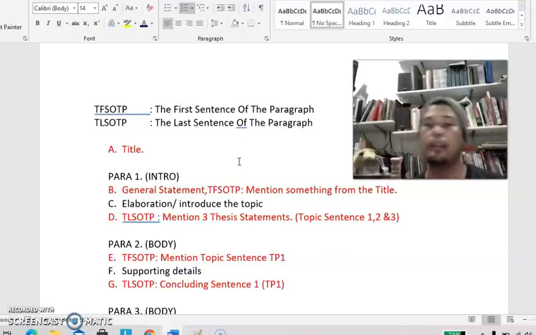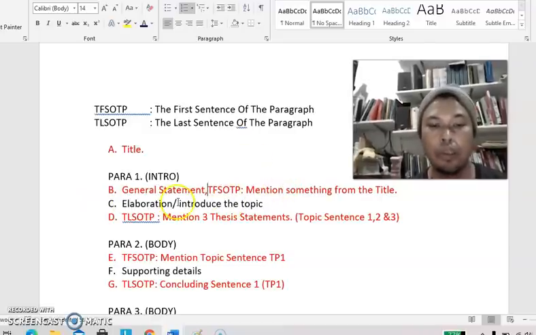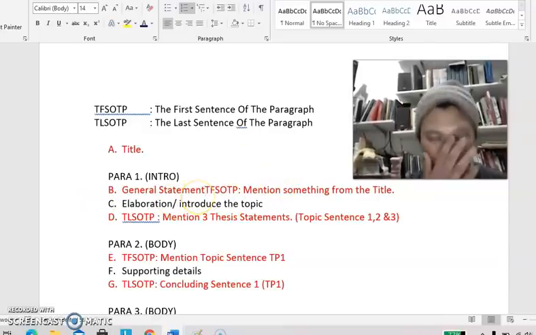It's not really a requirement, but sometimes there is some inclination of the students, they want to have a fancy introduction, and next thing they know, they write four or five sentences without even mentioning the general statement. So it's going to affect their essay.